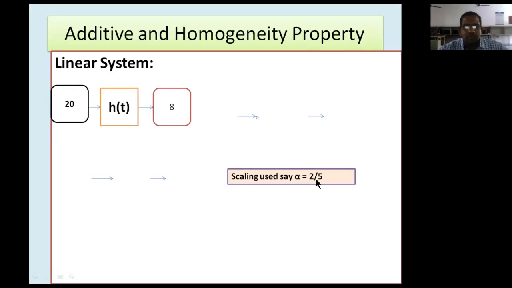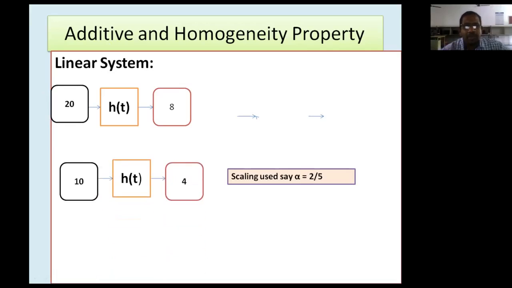So alpha is 2 by 5, and the same alpha has to be propagated to the output. Now let us apply another input, x of t equal to 10, and y of t I get as 4. Now when I add up 10 plus 20, the output should be 8 plus 4, which is 12.